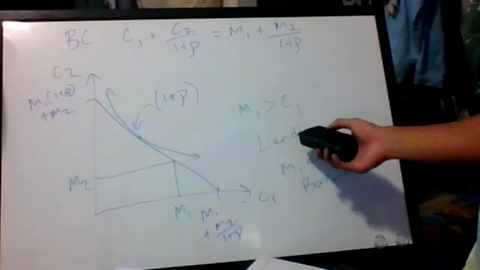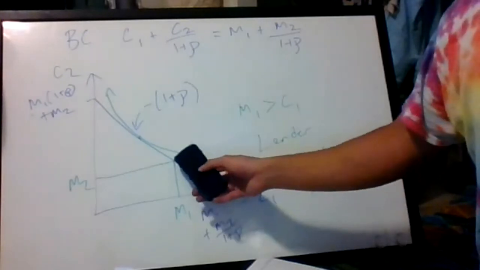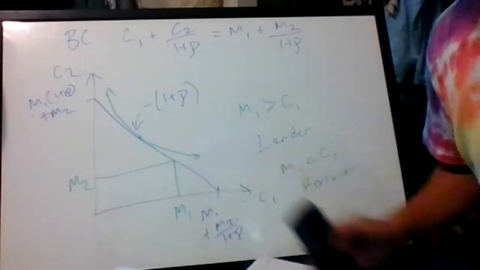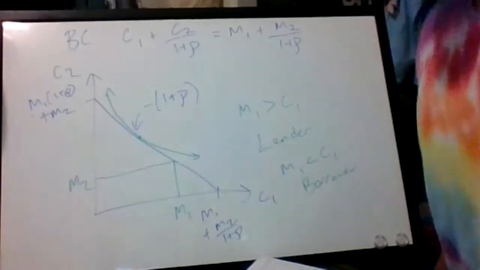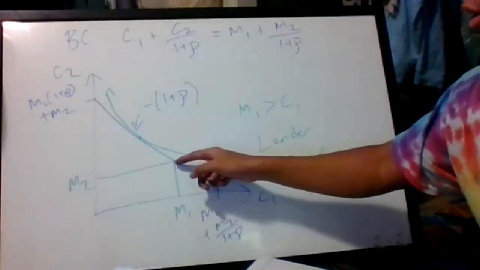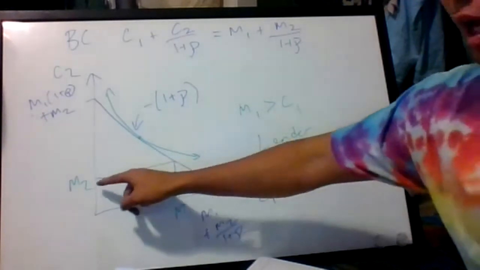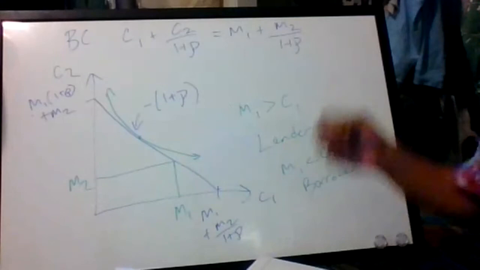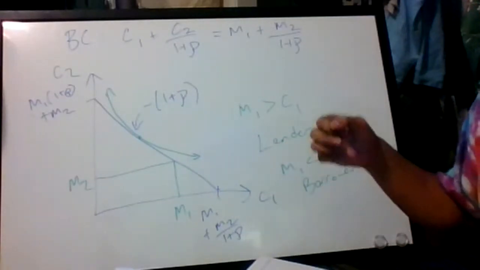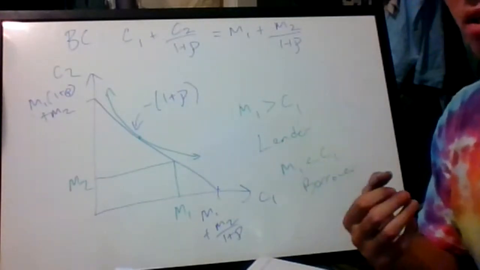So we know that this person's a lender because we already established that this is going to be their starting endowment. So this is our starting endowment, which means that they're given M1 in period 1 and they're given M2 in period 2. But how much you start off with is not necessarily where you want to end up.